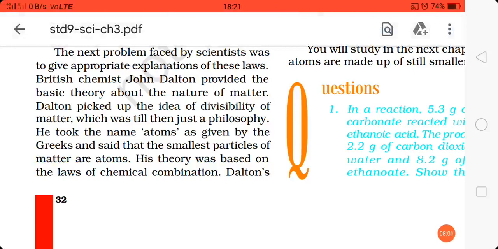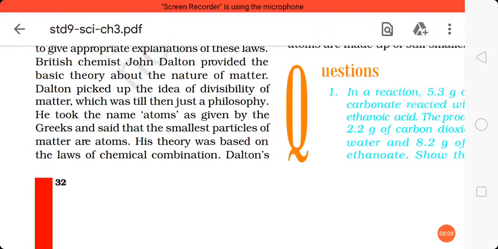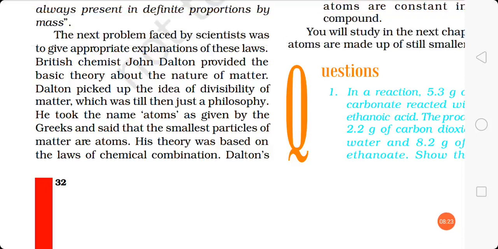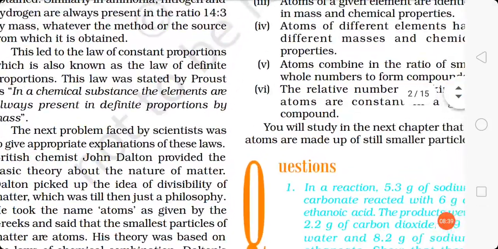If we divide and divide a particular matter, finally we will come to the stage where it would not be divisible further. At that time we will call it indivisible, means atom. The Greeks said that the smallest particles of matter are atoms. So Dalton's theory was based on the laws of chemical combination.